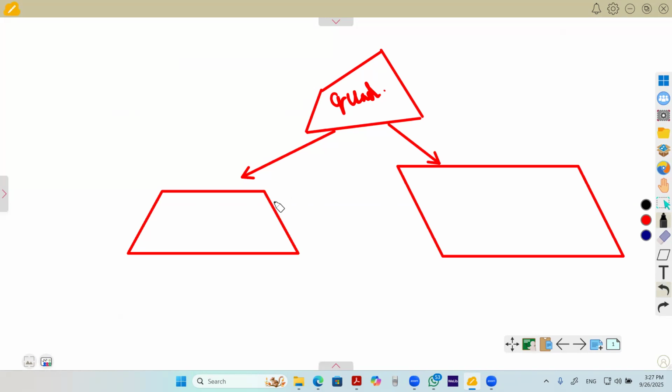The trapezium is a quadrilateral that has only two opposite sides parallel but not equal. Like AB is parallel to CD, but the length of CD is not equal to the length of AB. If we say that this is 10, this is the big base, and this is the small base.